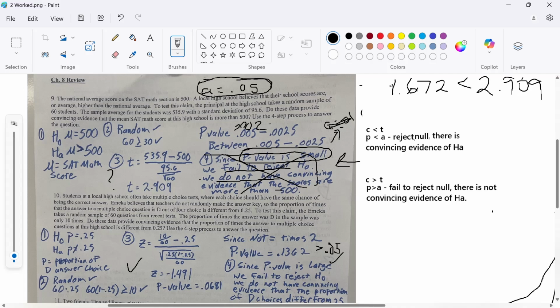I would use 0.01 if it's a very critical thing, say a lot of money on the line, or whether a business is opening or not. I'd use alpha equals 0.001 if life was on the line, like if I wanted to make sure I didn't make a mistake in rejecting the null hypothesis.